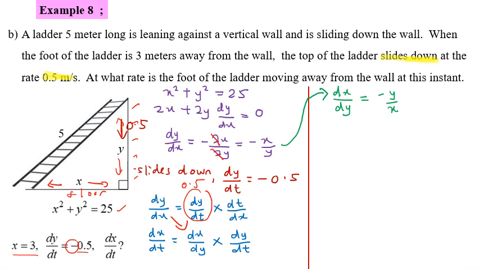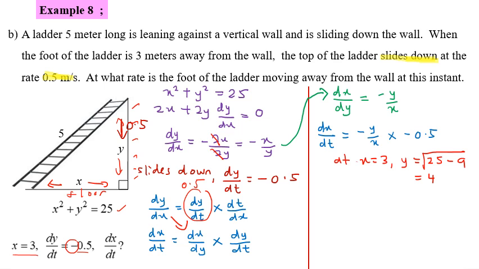So from dy/dx equals negative x over y, if we want dx/dy, it will be negative y over x. Okay. So with that, we can substitute into our chain rule. dx/dt equals negative y over x, that is dx/dy, and then dy/dt is already given in the question, that is negative 0.5.